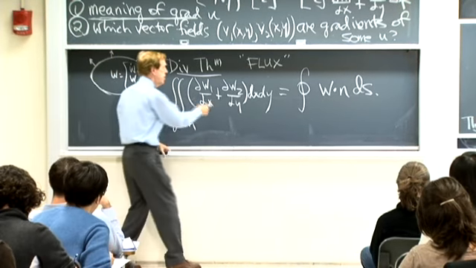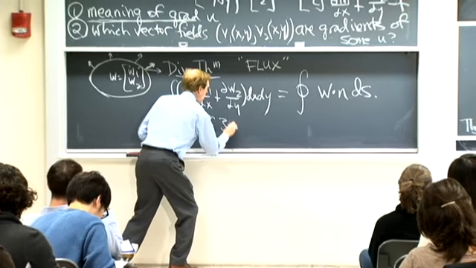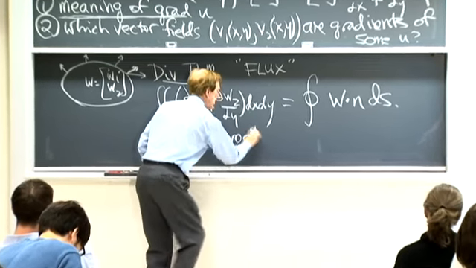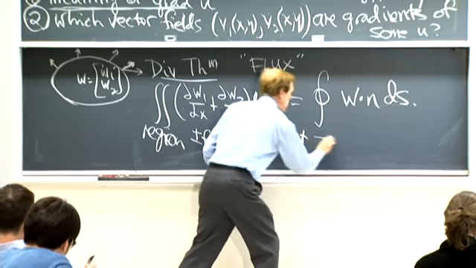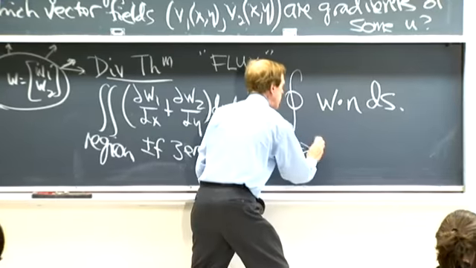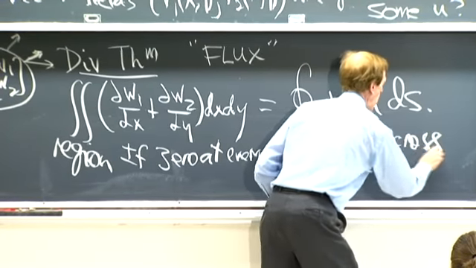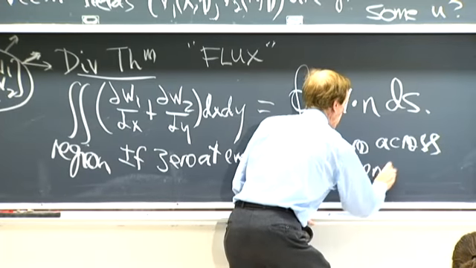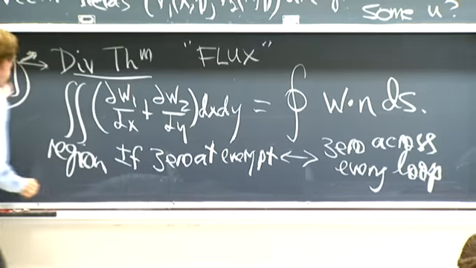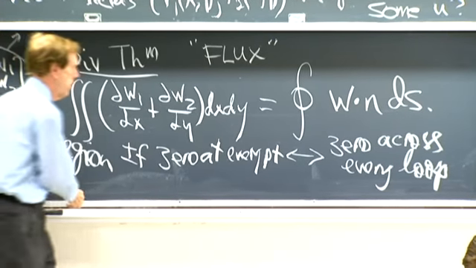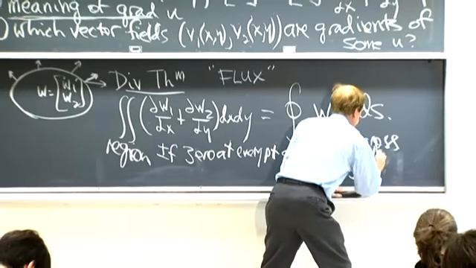If the divergence is 0, if this is 0 at every point, then this is 0 across every loop. So can I call this thing a loop? That closed loop. That's the conclusion that we want to reach.